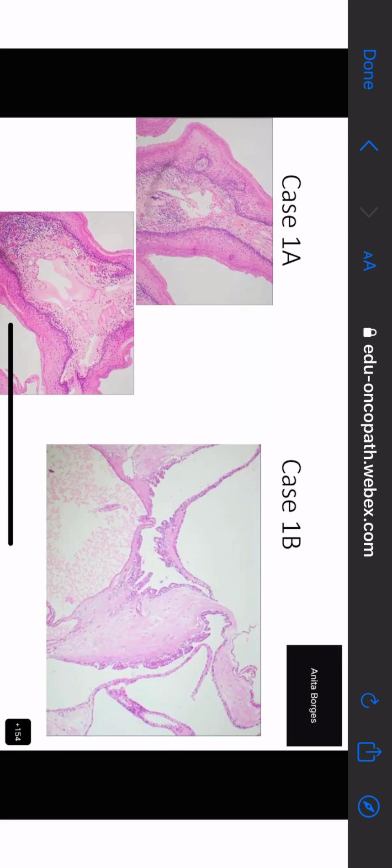So what do you think this is? Do you think that this is epithelium? Is it an endothelium, or what is it? Ma'am, I think in case 1B, it is epithelium. It is an epithelial lining. Everybody agrees? All three of you, the rest of you agree?